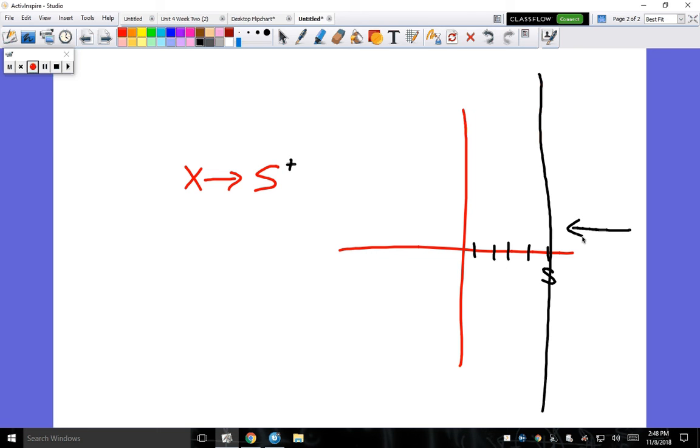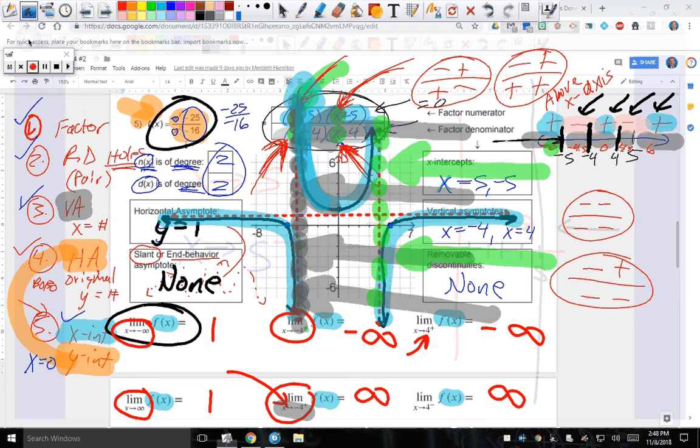So plus will be coming from the right, and negative will be from the left. So if this was x approaching 5 from the left, it's approaching 5 this way. Are we good?